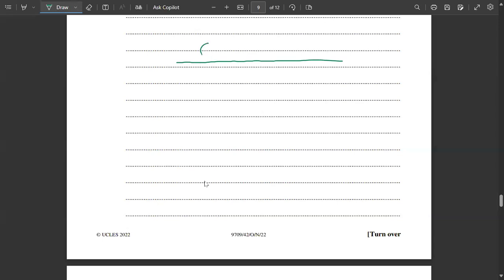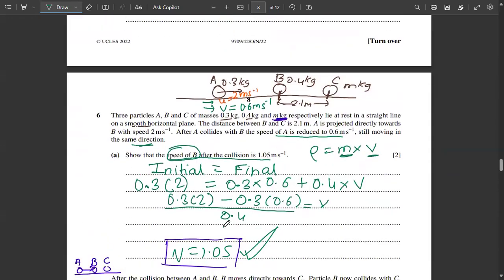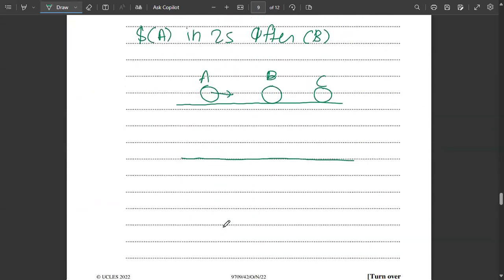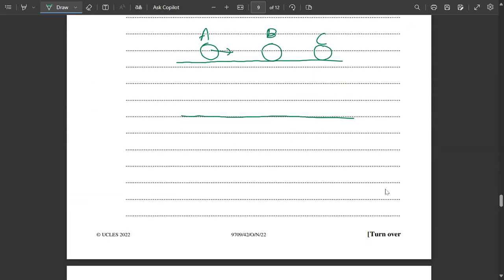If I want to picture it perfectly, it will look something like this. Initially, A is here, B is here, C is here. Pay very close attention and it will be all clear. A is moving at what speed initially? A is moving at a speed of 2 meters per second.